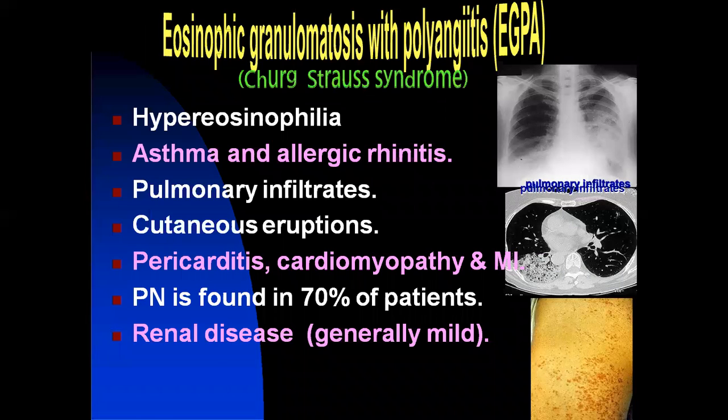Churg-Strauss syndrome, where we find hypereosinophilia, asthma and allergic rhinitis, pulmonary infiltration, cutaneous eruptions, pericarditis, cardiomyopathy, and myocardial infarction. Polymorphonuclear neutrophilia is found in 70% of cases, and renal disease, which is generally mild in nature, can be seen.